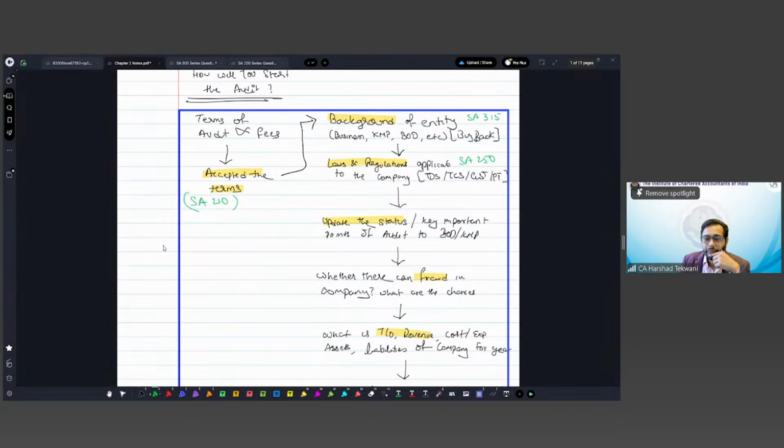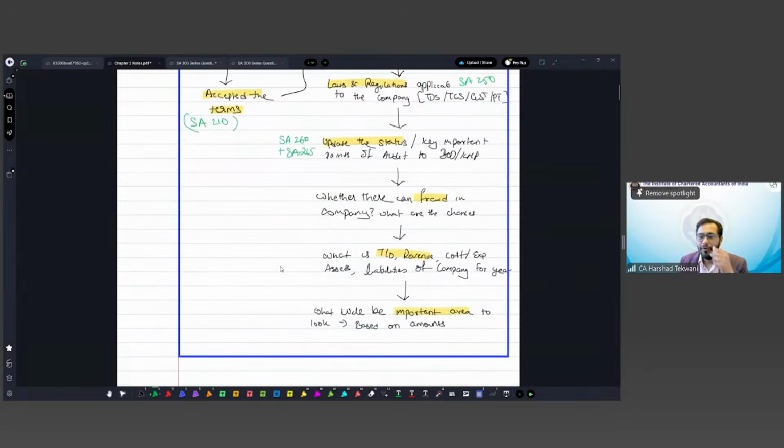SA 260 and 265. Yes, SA 260 plus 265. 265 is mainly for internal control deficiencies. What about fraud? SA 240.